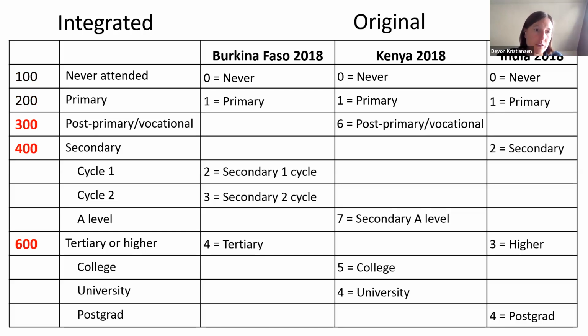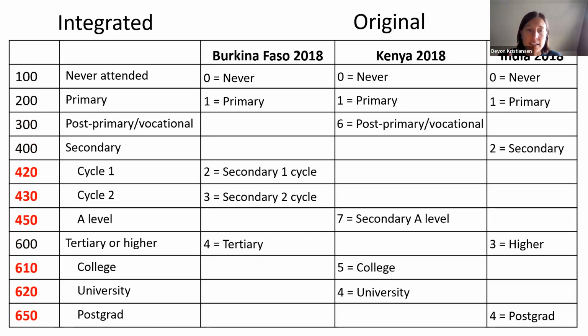So I'm also going to give larger category codes to post-primary, secondary, and tertiary. You may notice that I skipped over 500, and that's because in other samples, we have a post-secondary, pre-tertiary group as well, but it's not part of this example. Then I'm going to add in more detail with the second digit code to divide up the secondary level, because cycle 1 and 2 is different from A level.